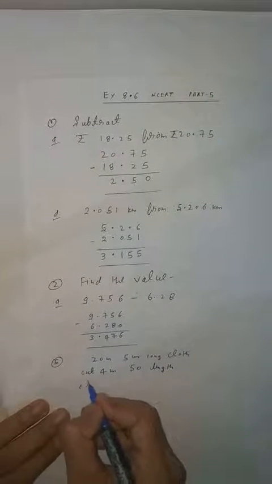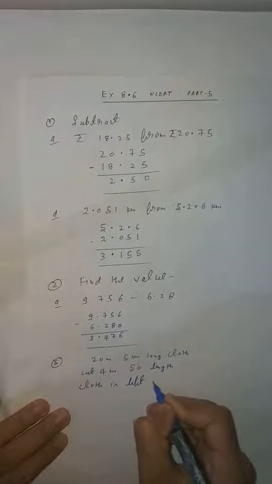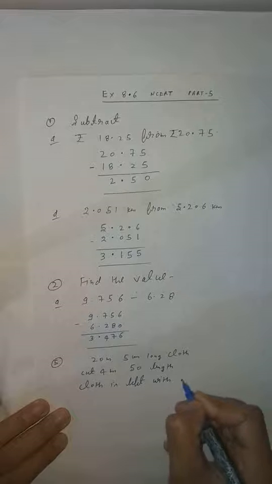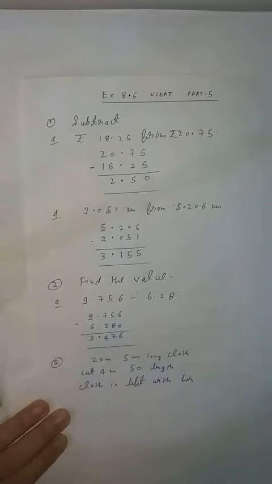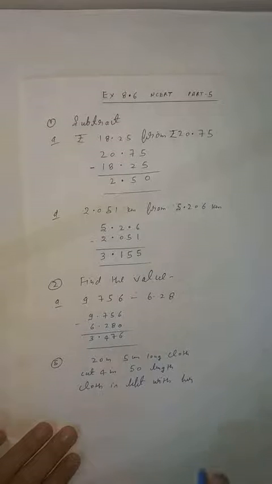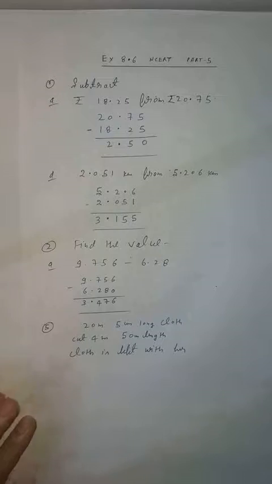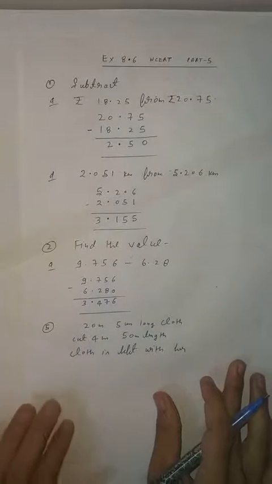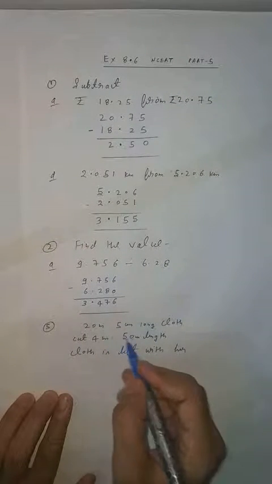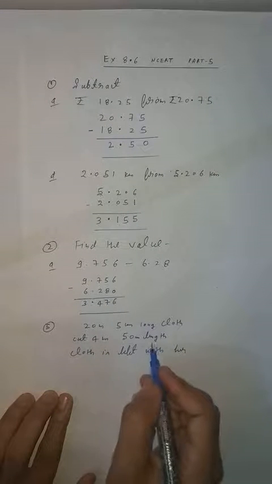How much cloth is left with her? So what you will do, student? You will do the subtraction. Okay student, how will you solve the question? 20 meter 5 centimeter is the total length of the cloth, and she cut 4 meter 50 centimeter length.